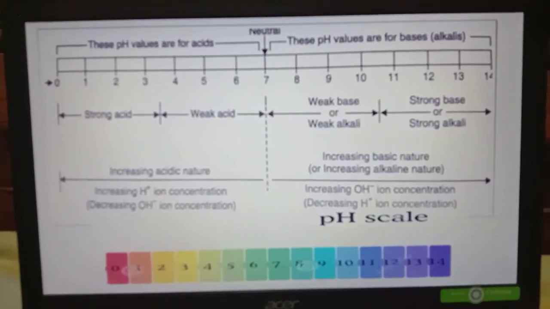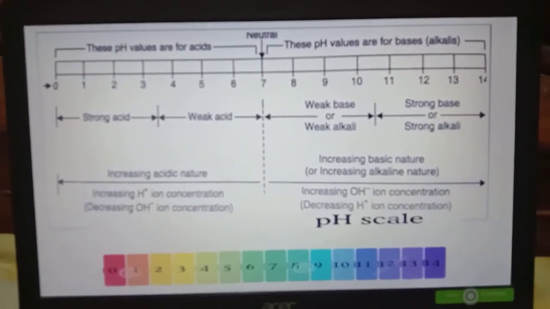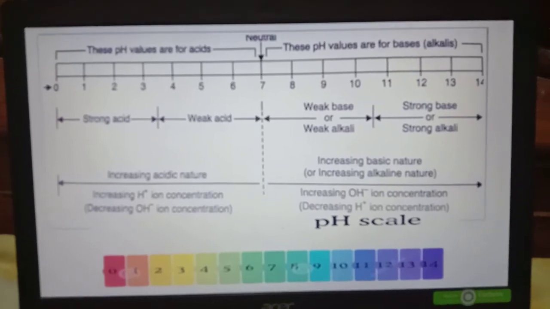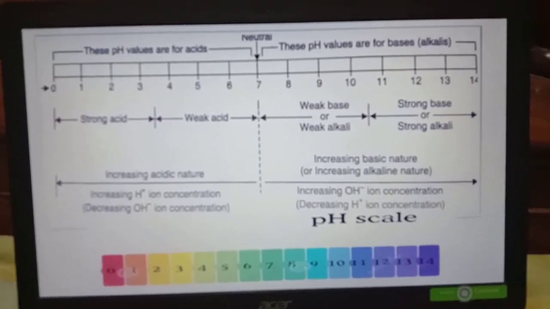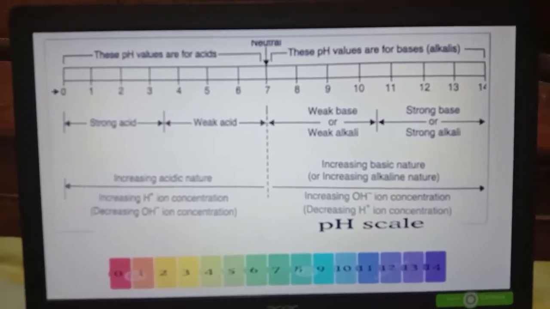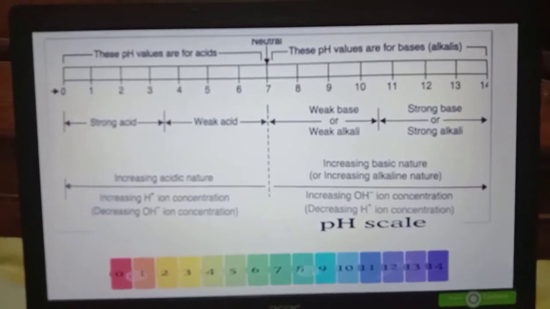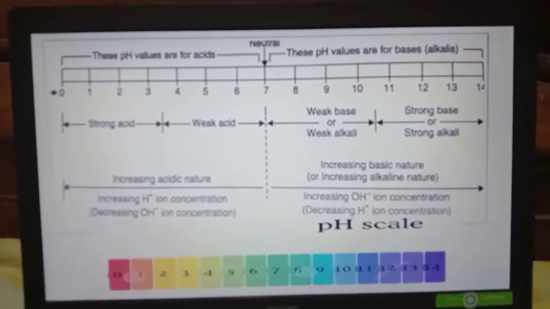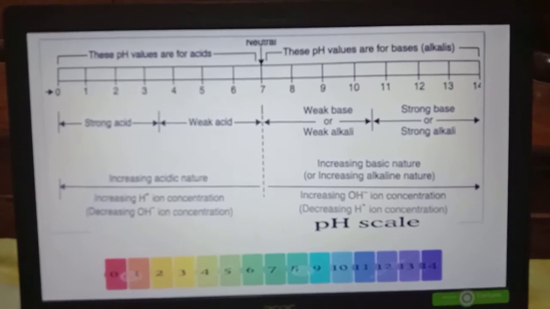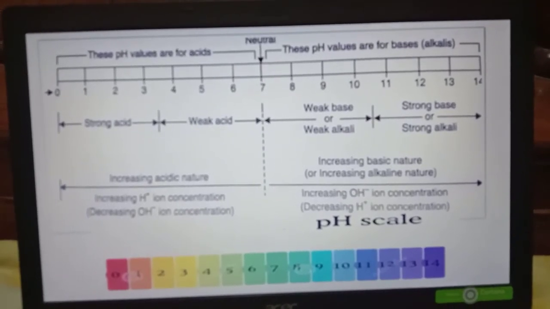The chart shows that if the value of an acid is 0 to 3.5, it is considered a strong acid, like mineral acid. 3.5 to 6.9, weak acid. 7.1 to 10.5, weak base. 10.5 to 14, strong base.